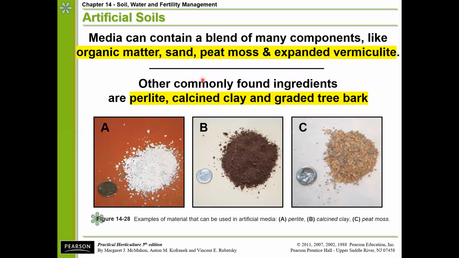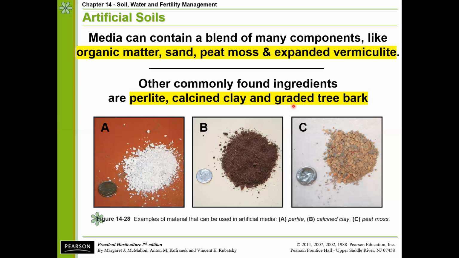So what is the media? Any source of organic matter, often things like peat moss, coconut coir, which is made from the husks of coconuts, all kinds of different sand, vermiculite, perlite, sometimes even clay is added, tree bark, or in some cases even sawdust, rock wool.